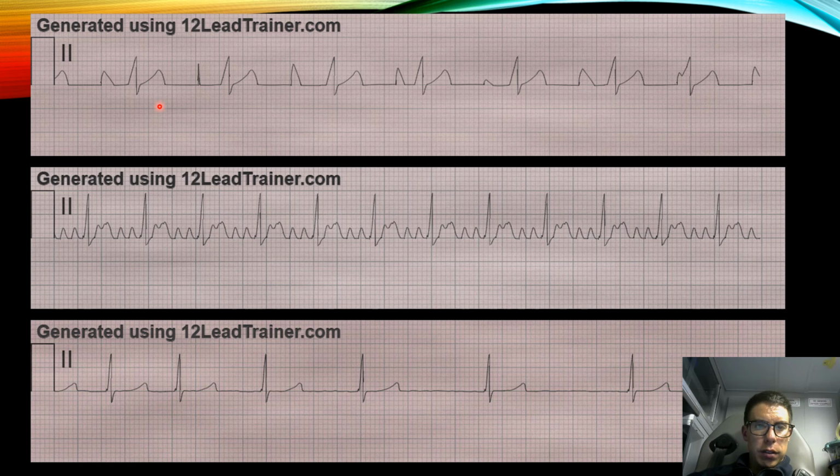Yeah, so rate's about 100. Do we have P waves? Yes, we do. Are there extra ones or missing ones? No. Is there one before every QRS? Yes.